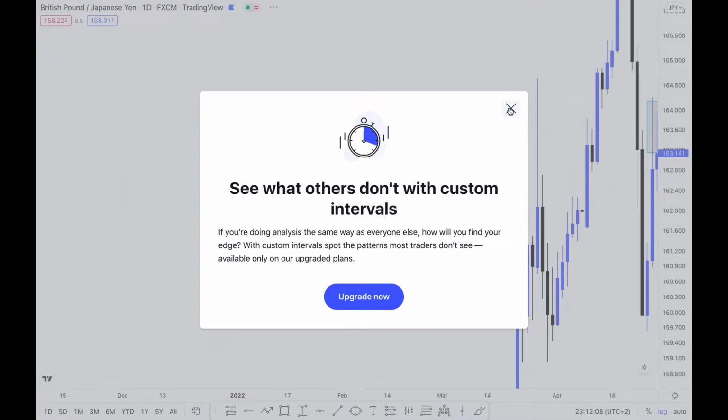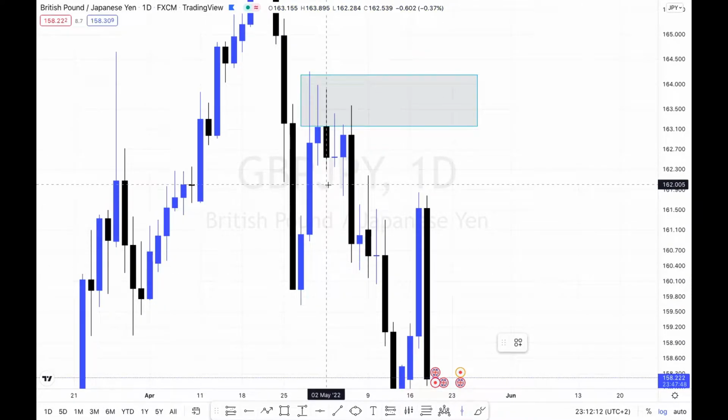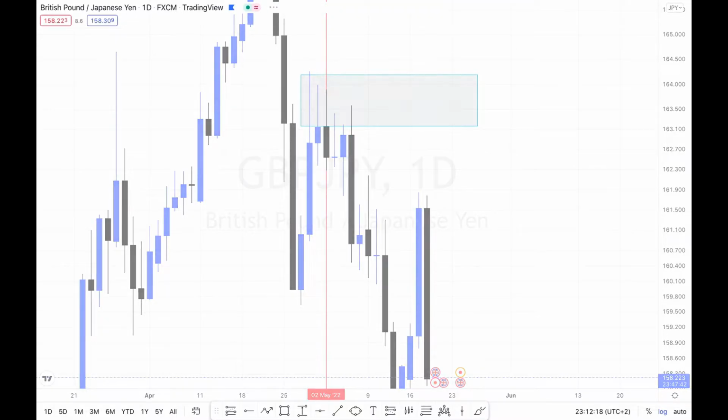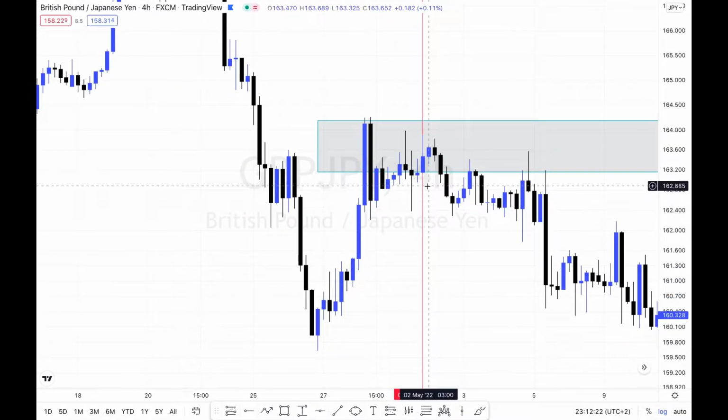I don't know, I removed it, but let me put it back, right? I'm putting it here to indicate when the resistance was created. Back to the 4-hour. So this was the end of the resistance being created. I think the resistance closed by this candle, this one.